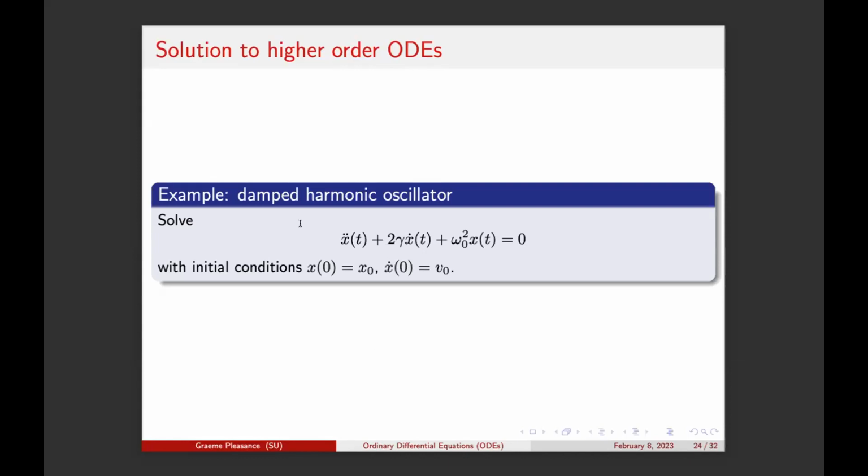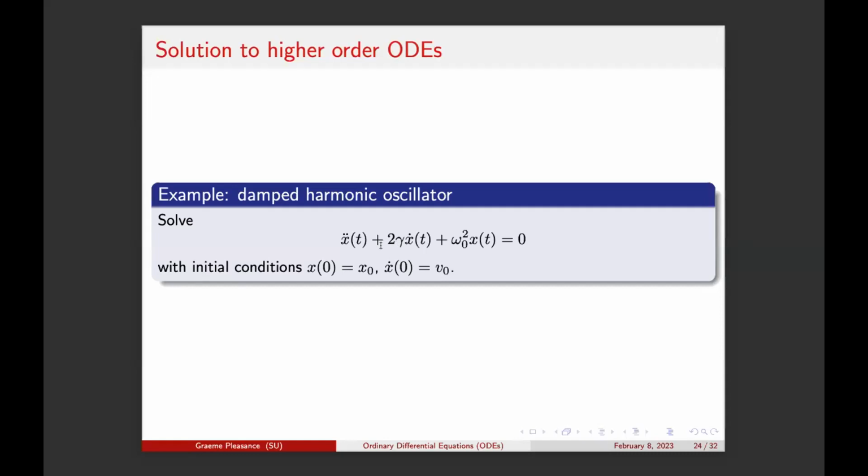When you apply Newton's second law of motion in this situation, you essentially end up with the following second order ODE. Here, x is just a function that describes the displacement of this mass from its equilibrium position. And the gamma and omega naught coefficients: gamma corresponds to, or sets, the damping rate of this mass as it oscillates.